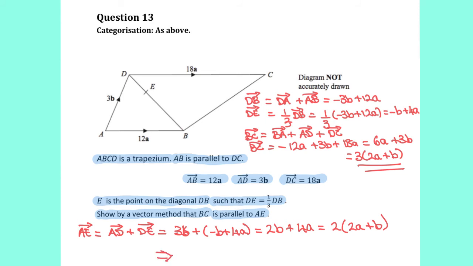Therefore, vector BC is parallel to vector AE because they are multiples of each other.